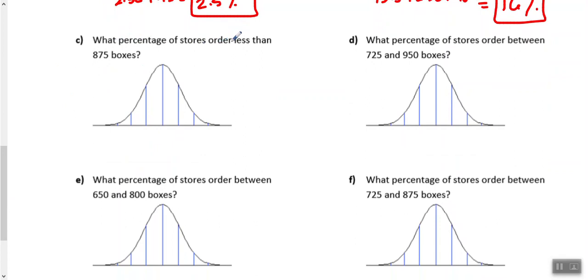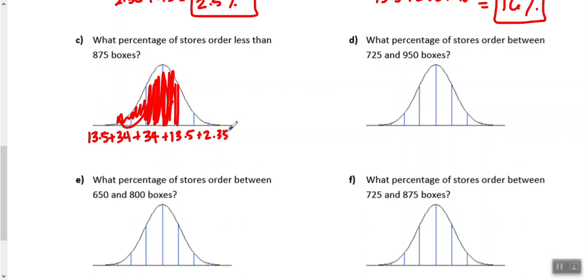So what percentage of stores ordered less than 875? So again, 875 was one above, and I want everything less than that. So everything less than that included 13.5 plus 34 plus 34 plus 13.5 plus 2.35 plus 0.15.